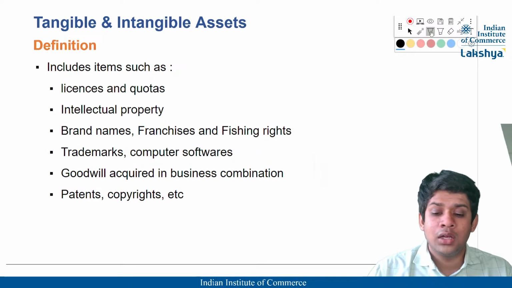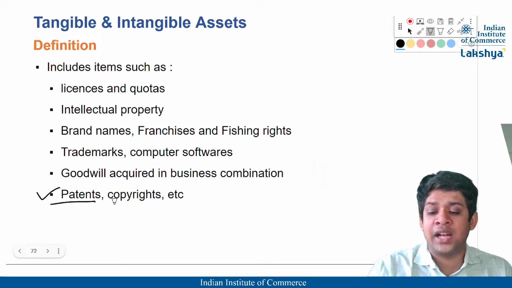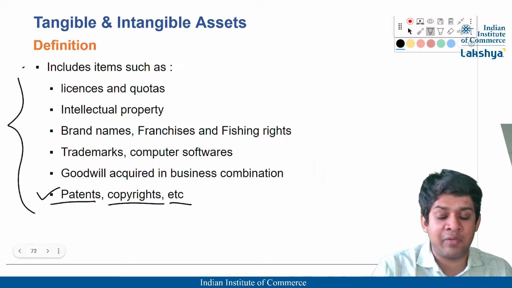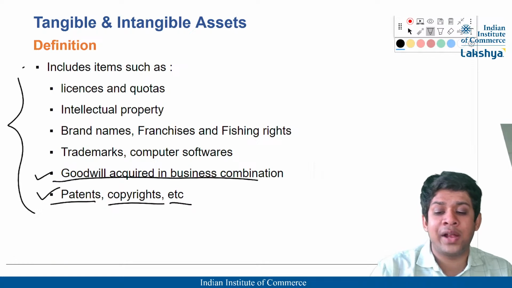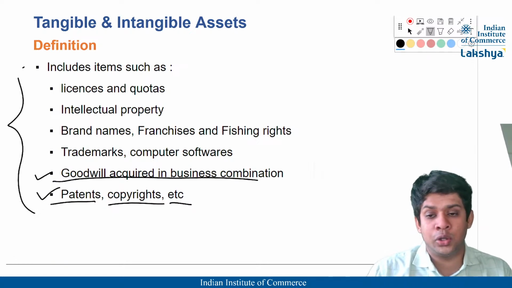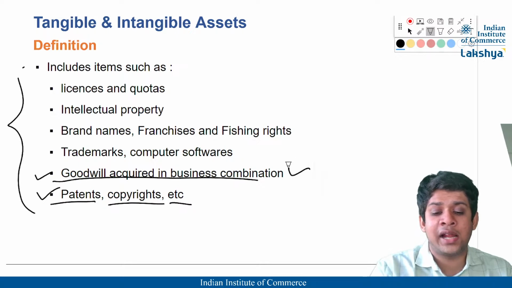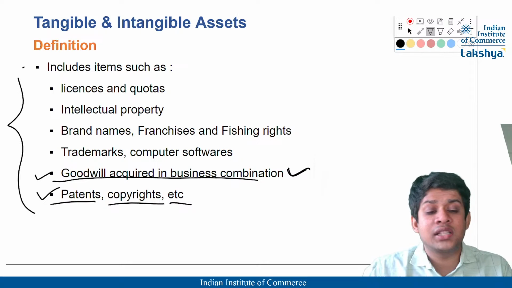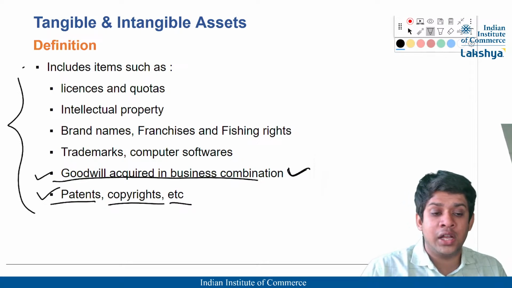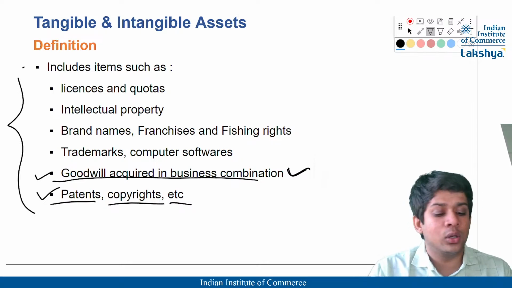Now, lastly, any patents, any copyrights, etc. These are all the types of intangible assets that we have seen. I hope the concept of goodwill acquired in a business combination is clear to you all. Only this goodwill is recognized as an intangible asset. If you want to understand it in detail, you can go through the consolidation chapter. There you will understand goodwill in detail.